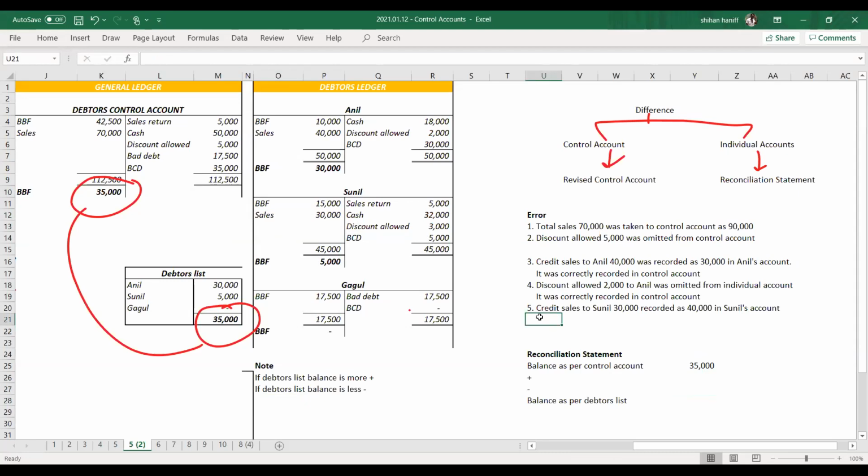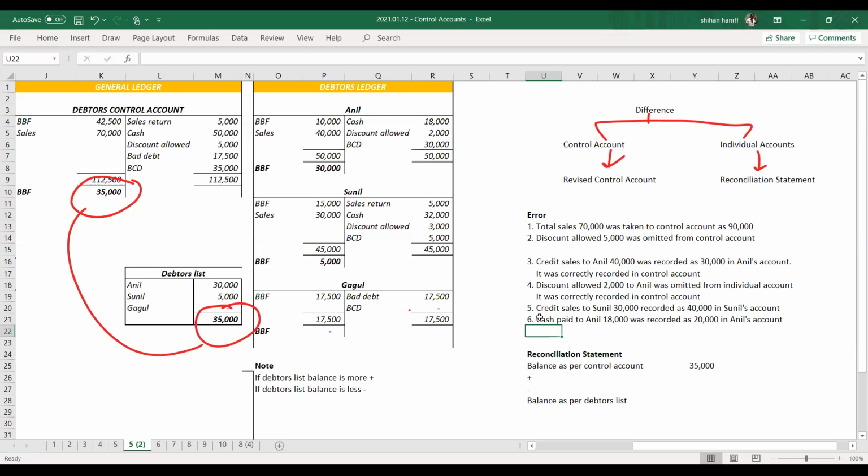Now I am going to make one mistake. Cash paid to Anil, 18,000, was recorded as 20,000 in Anil's account.